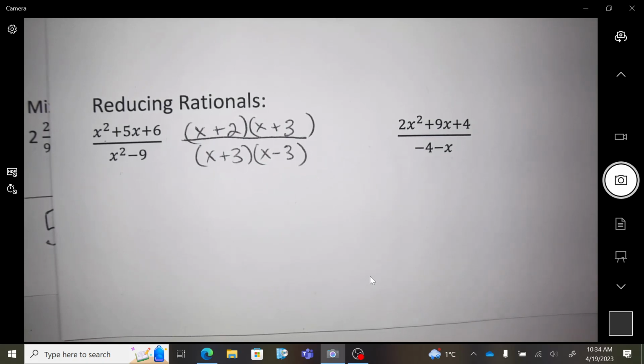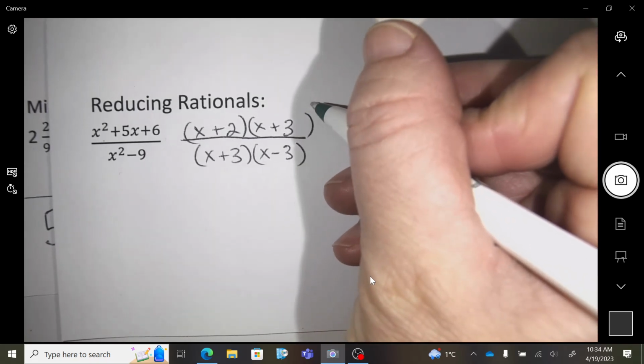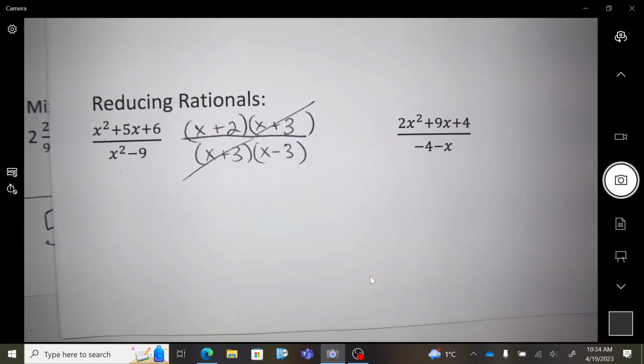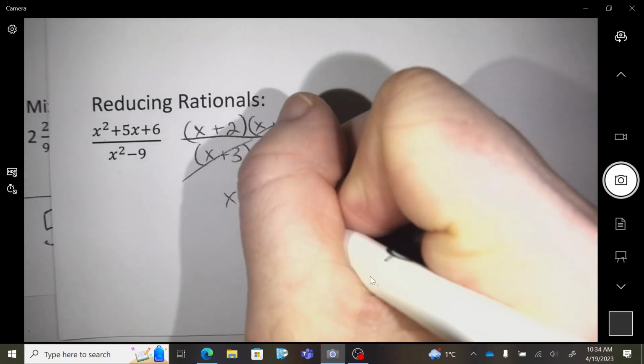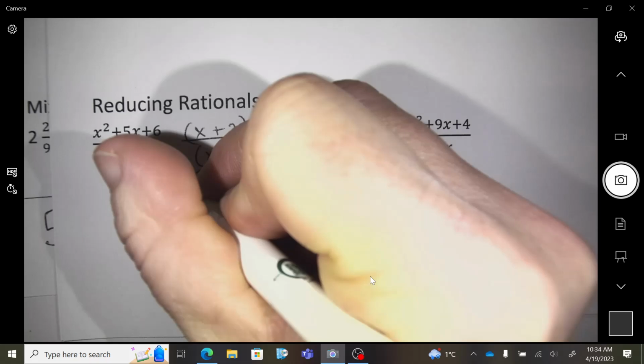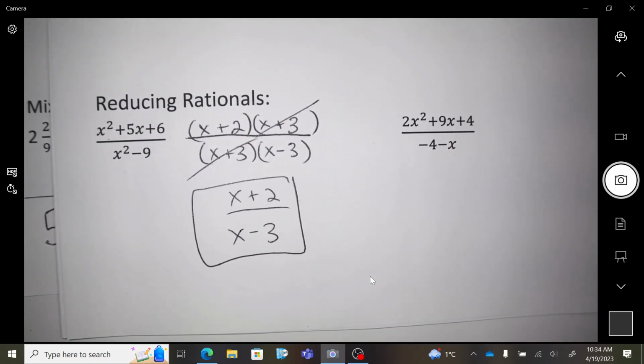Okay, once everything is factored, I'm going to cancel anything that is the same on the top and bottom. So x plus 3 divided by an x plus 3 can go away. And that's my answer.